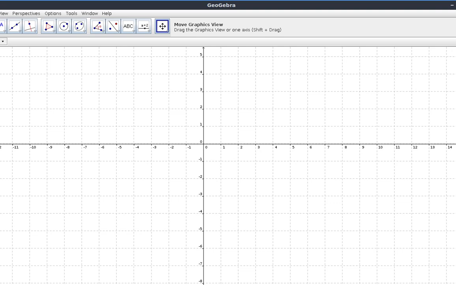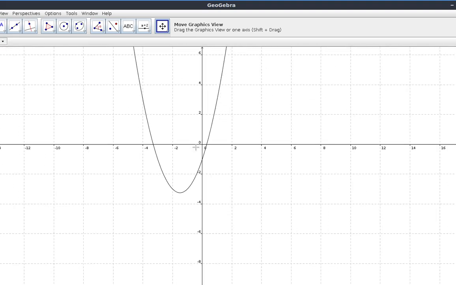So, for example, suppose you have y equals x squared plus 3x minus 1. So we have the function y equals x squared plus 3x minus 1.